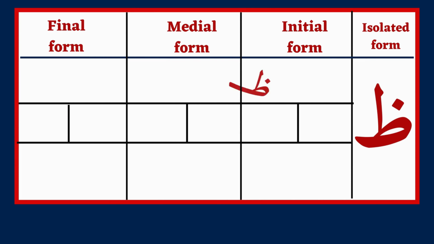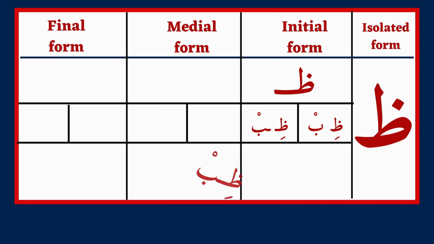Za. Za permits association from both sides, right and left. When a word starts with the letter za, this is how we compose it, unlocking it for the successive letters to unite. Notice the complete word now. Very straightforward.